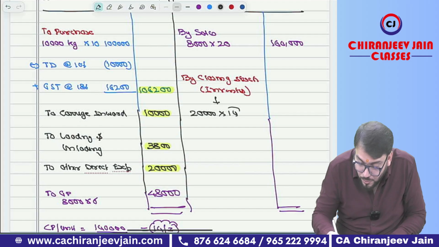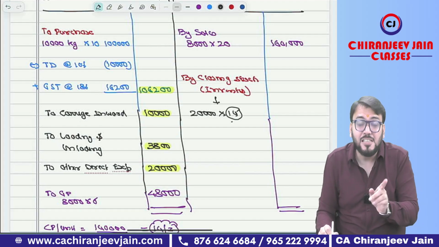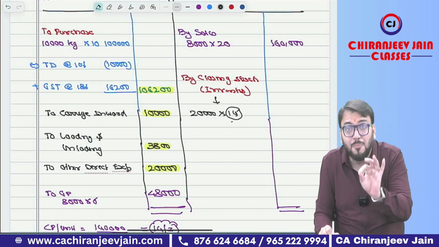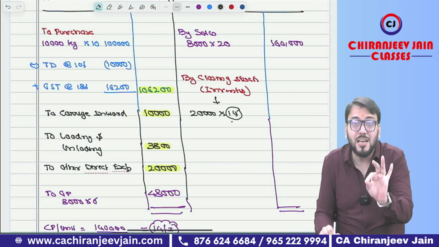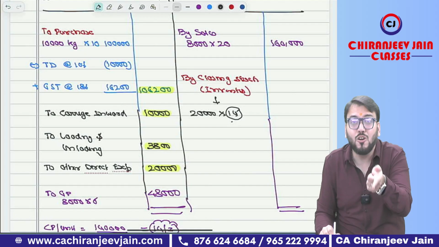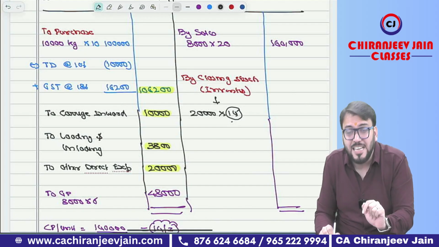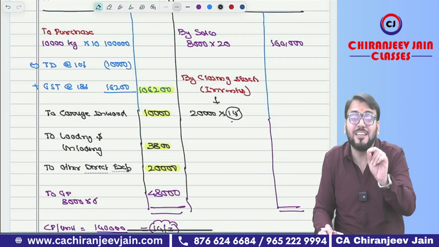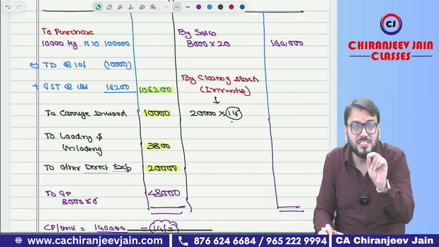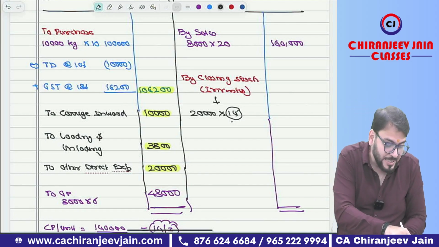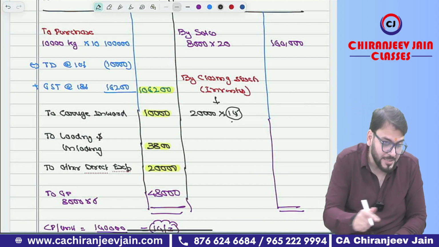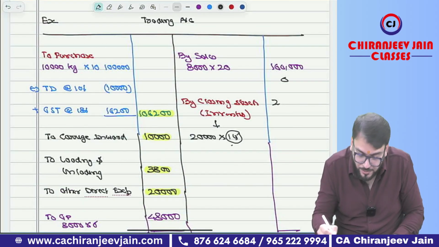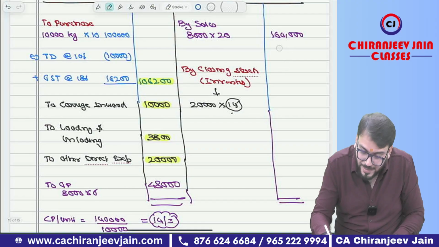That is 14. Till CA Foundation, they used to give you the amount of closing stock. Now we are understanding how to find out the cost price of closing stock. As a chartered accountant in CA Inter, you should know how to determine the cost price of closing stock, meaning inventory. So it is 2,000 into 14, that is 28,000.